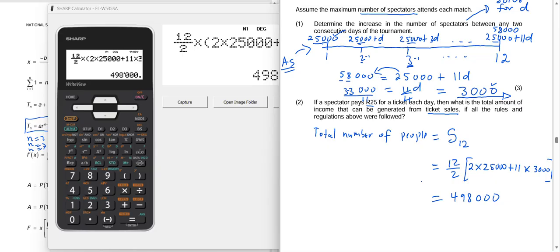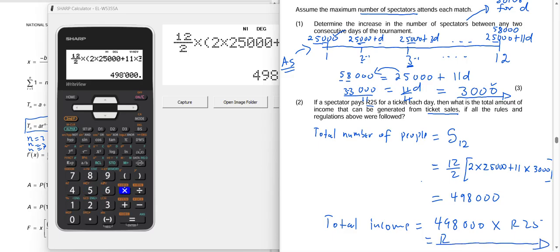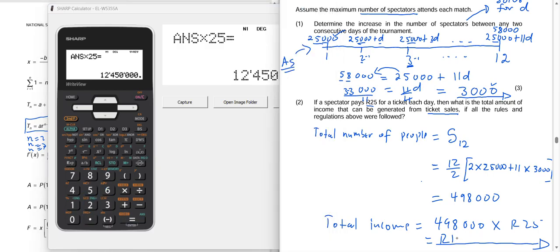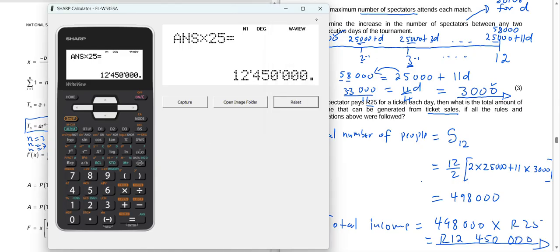Now to get the total income, it is going to be 498,000 times 25 rand per ticket. So multiply by 25. That is 12,450,000. That is what we have there.